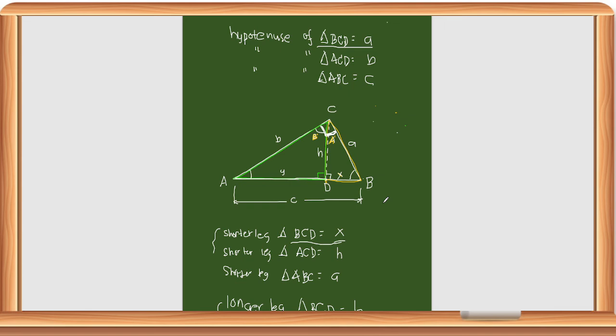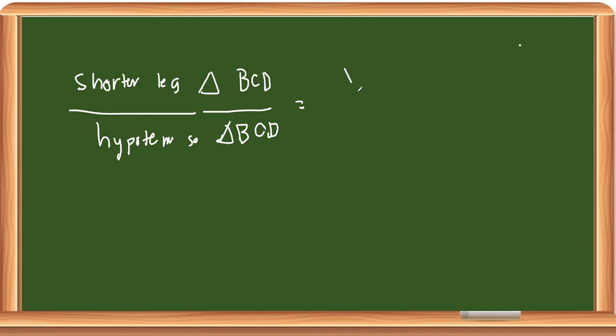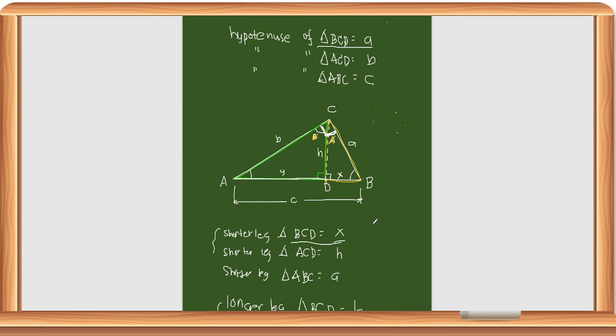Wait. Let's use ACD pala. Tama. Shorter leg ng BCD, which is X. Shorter leg ng triangle BCD is X over the hypotenuse of the same triangle, hypotenuse niya is A. Ito. Ng BCD. So, we have A here.